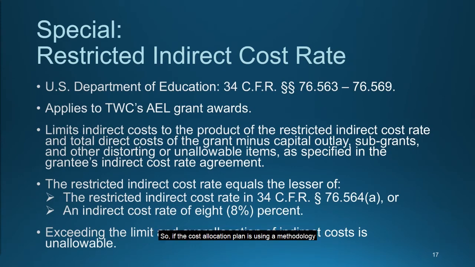So if the cost allocation plan uses a methodology that's not a good measure of benefit, or if the indirect cost rate is not being applied correctly or followed, it can result in the grant award being overcharged, with those excess costs being unallowable, or in the grant award being undercharged, which is a bad thing for your organization, because then you're left holding the bucket for those uncharged costs or having to work it out later. So that's why I wanted to mention all of that during this session.